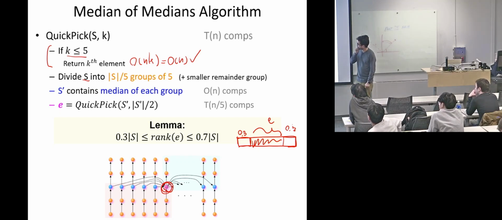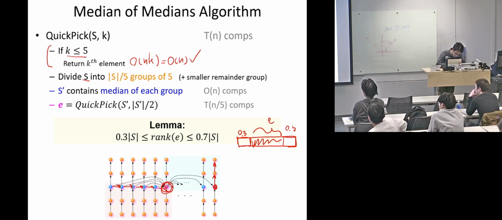So why is this the case? The reason is this. I'm just gonna draw an arrow like this, pointing from the smaller guy to the bigger guy, right? And I also know that everyone here is smaller in this way.